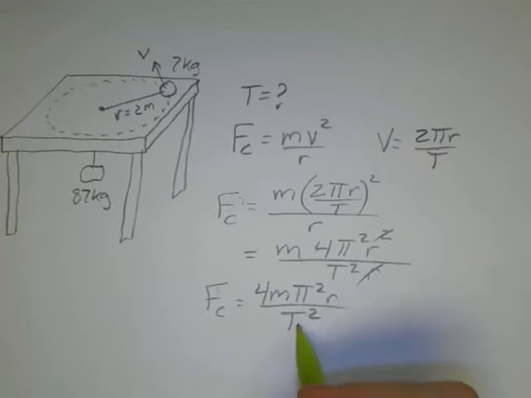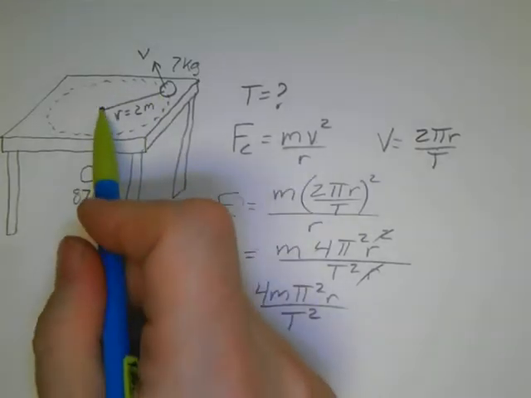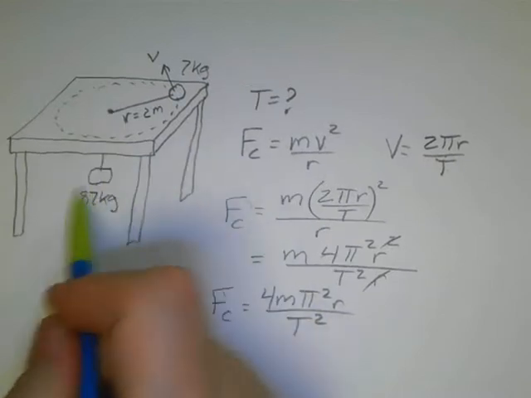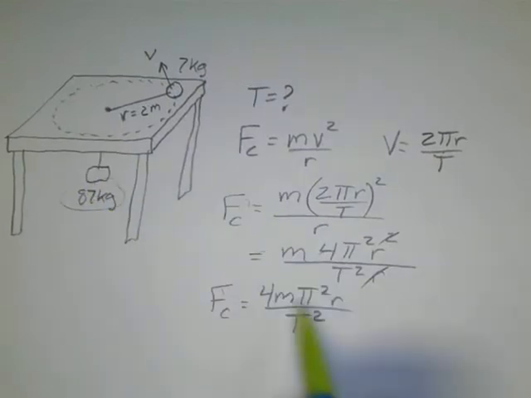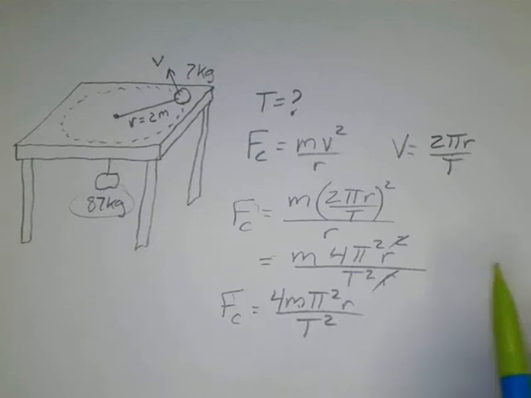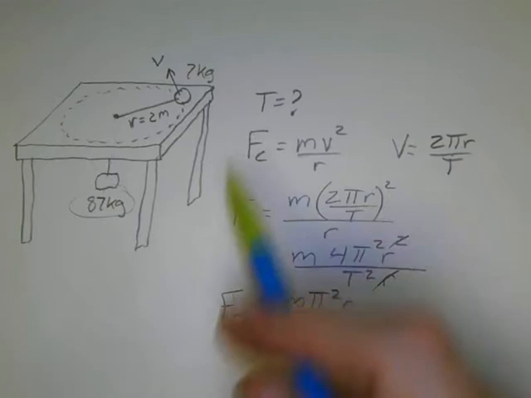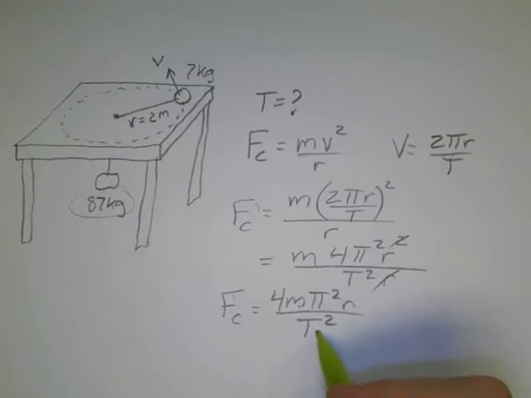I know the centripetal force, it's the force that's keeping this in a circle, and it's the gravitational force on the mass that's hanging. The m in the equation is the mass of the object that's going in a circle. I know pi, I know r is 2 meters, and so I can find my period.